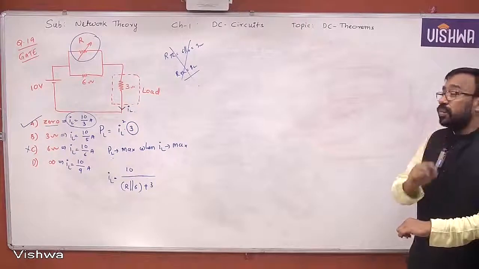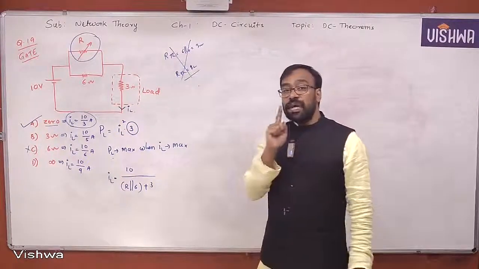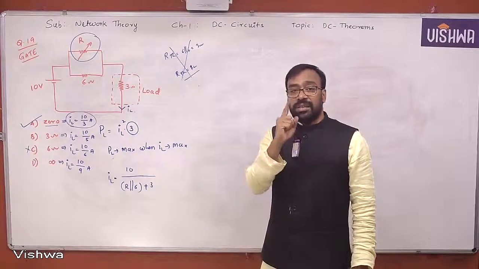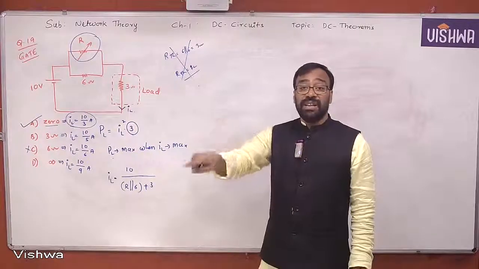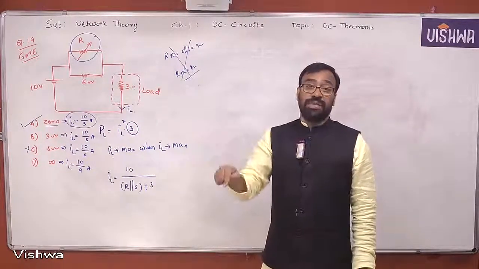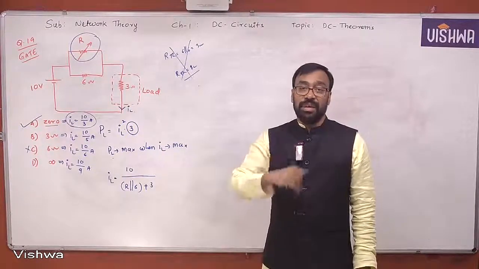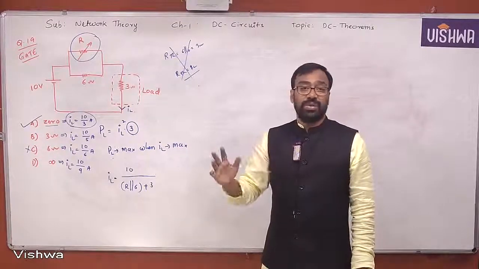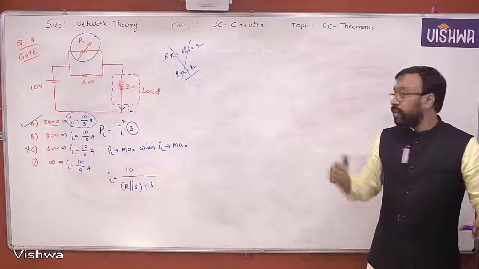That is why I told you, when I put a title of maximum power transfer theorem, I gave you one important statement that the objective is to transfer maximum power to the load by varying the load. And second point we have written, the load must be variable. And third point we have written, the load might be anything. It might be resistor or voltage source or current source or any other circuit where there is at least one variable. Got it? Please note down this.